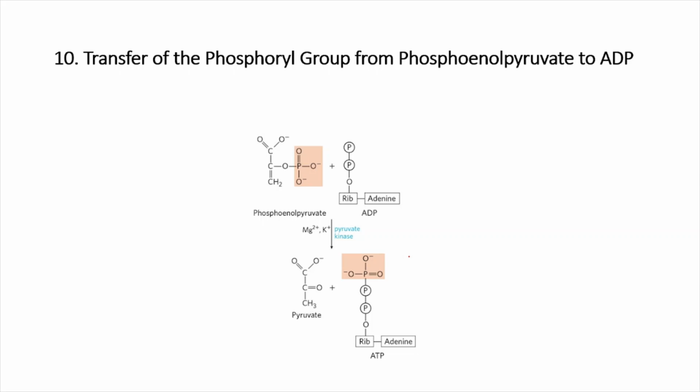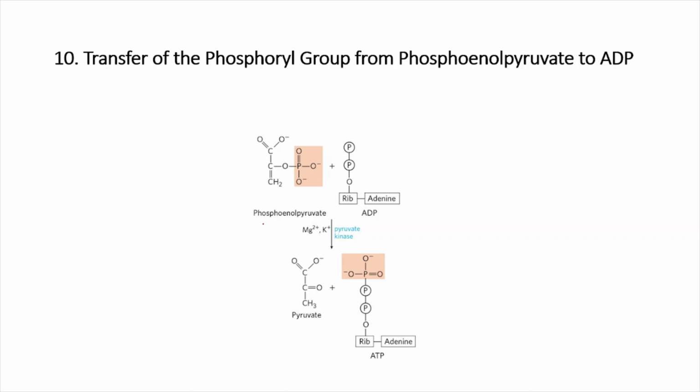And the last step is the phosphoryl transfer from phosphoenolpyruvate to ADP. So this is the second step where ATP has been formed. The first step where ATP was formed was step number 7, which was substrate level phosphorylation. So this is the second step where again ATP is being formed.